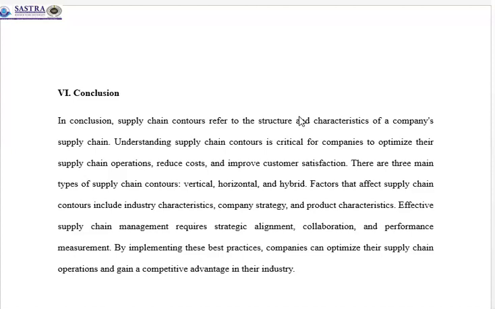So on the whole, the supply chain contours aim to satisfy the customer's needs by adapting the best possible practices, tools and techniques, or I can say methods which your competitor may be following, or new startups may be following, or a well-established organization may be following.